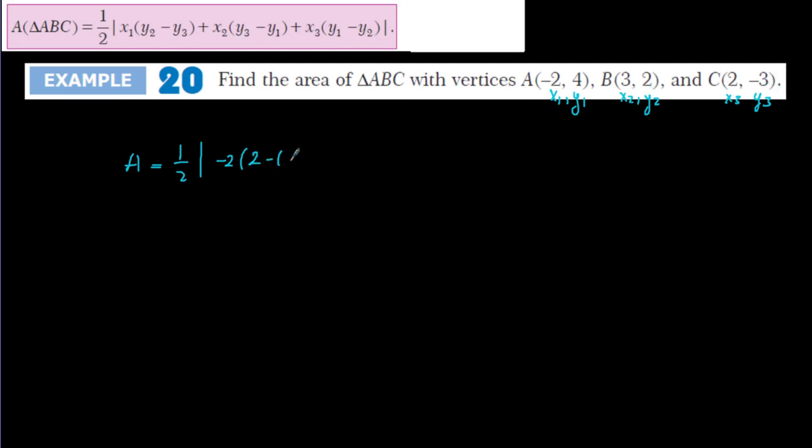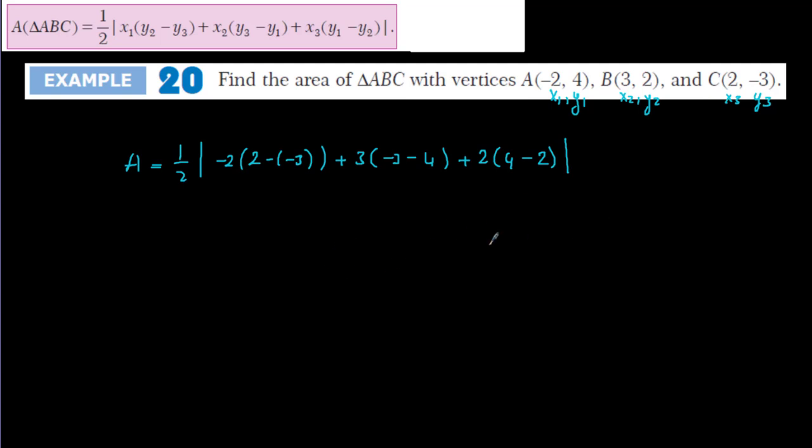Then plus x2, which is equal to 3, times y3 minus y1, where y3 is equal to minus 3 minus 4. Then plus x3, which is equal to 2, times y1 minus y2, where y1 is equal to 4, then minus y2, which is 2.